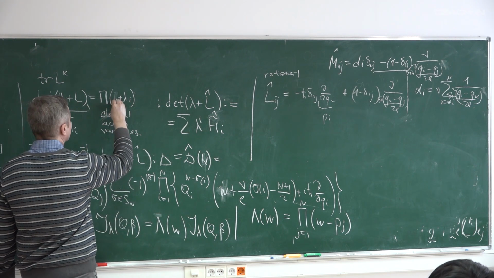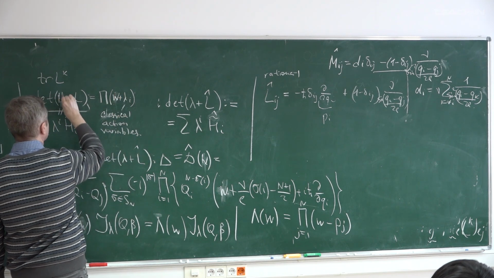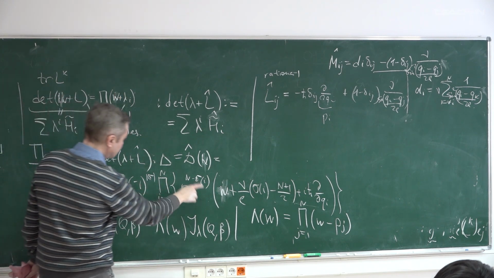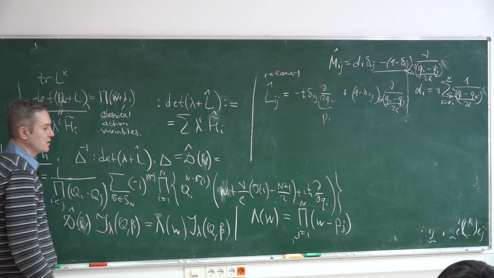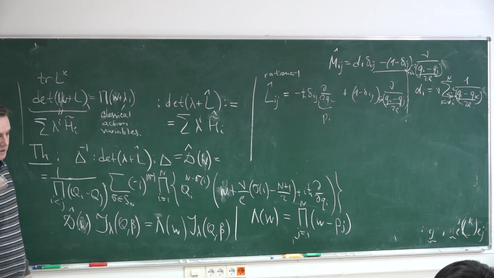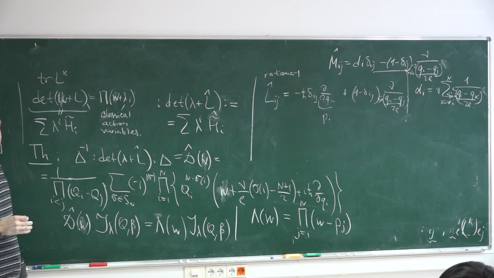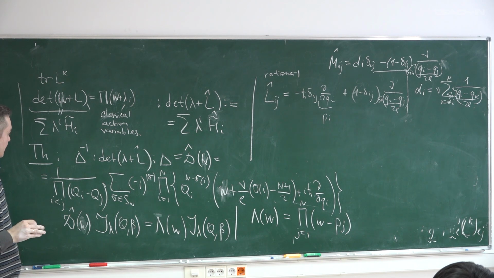I changed lambda to W because lambda is a standard notation for the variable of the characteristic polynomial in the classical case, and in the quantum case lambda is a partition.